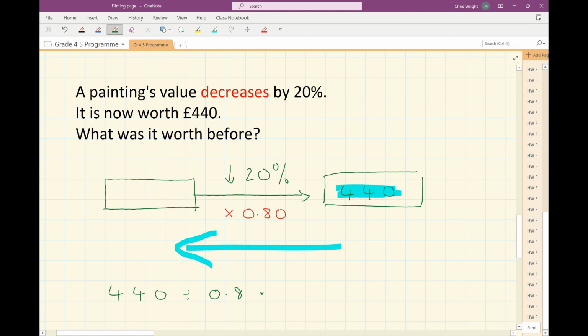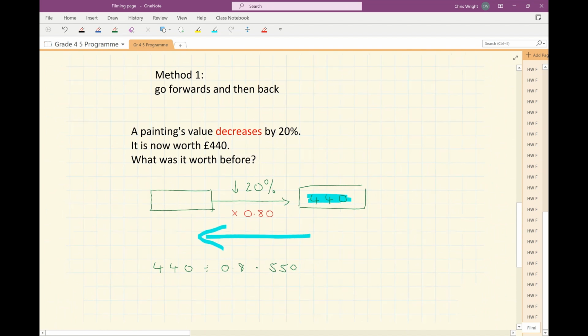Now, that gives you 550, and that will be the original price. You can test that by thinking about if it had been 550 at the beginning, reduce that by 20%, and I bet you get 440. So that's method one, when we think about going forwards with the reduction and then going backwards.